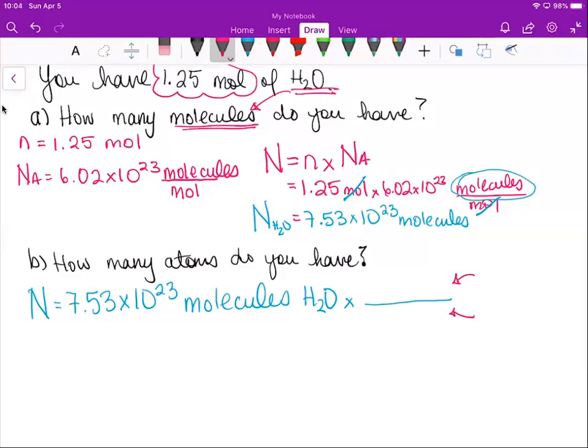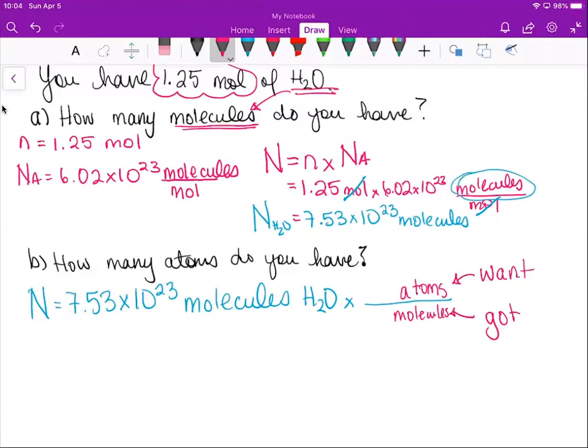You put what you want on the numerator and what you got on the denominator. So in question B, how many atoms do you have? What you want is atoms. And what you have, what you got, are molecules.